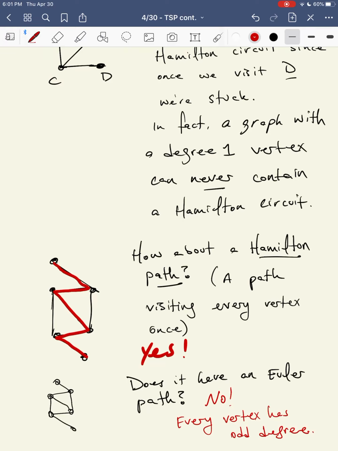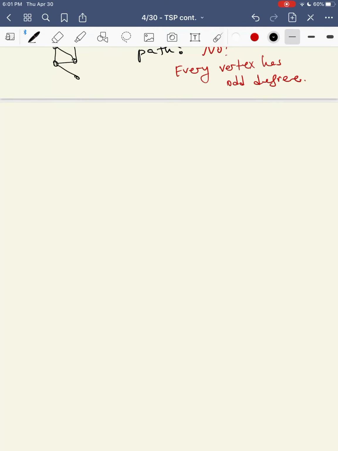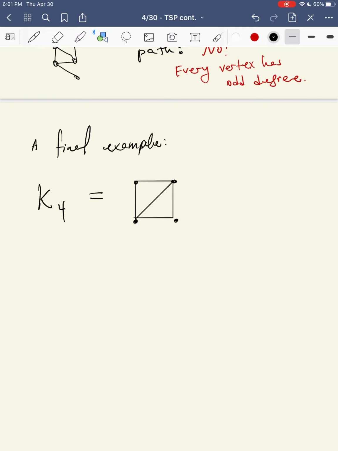Okay. And final example is K4. This is the graph on 4 vertices where every vertex is connected. So we connect those ones. Good.